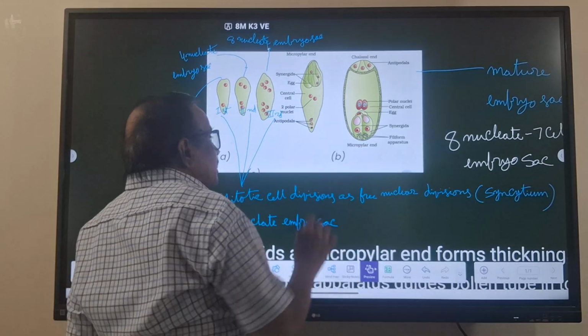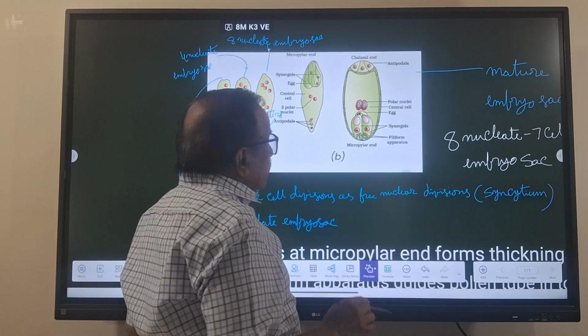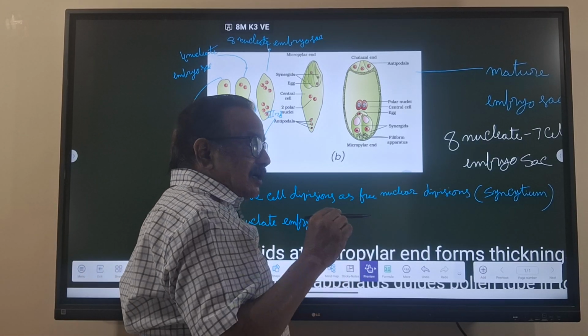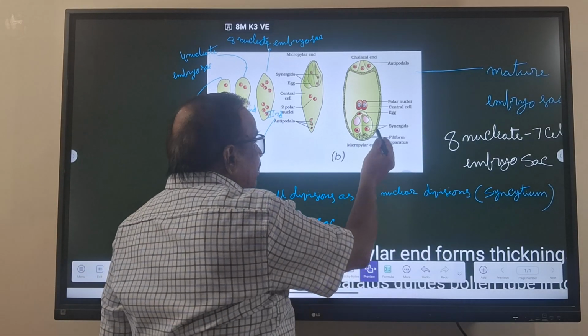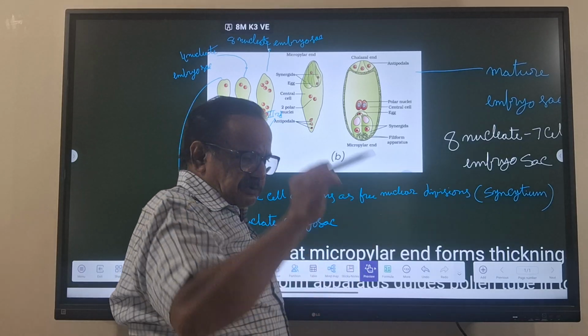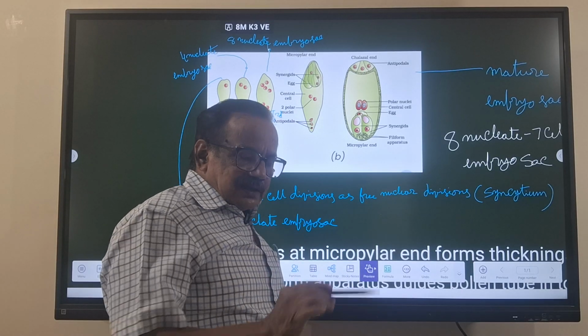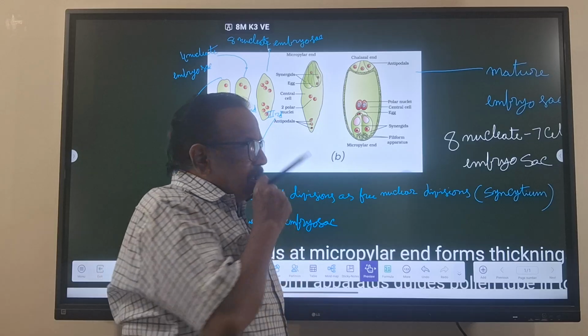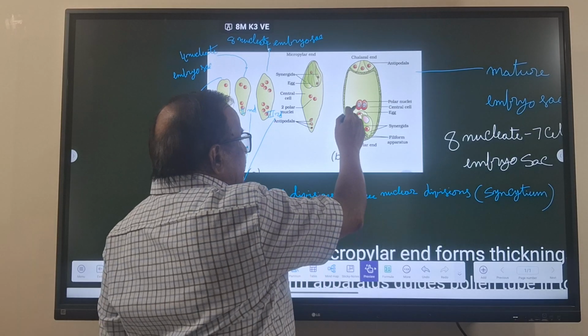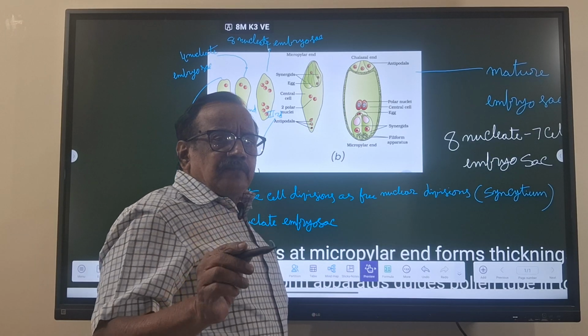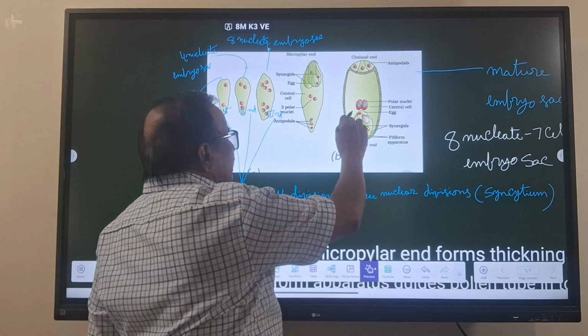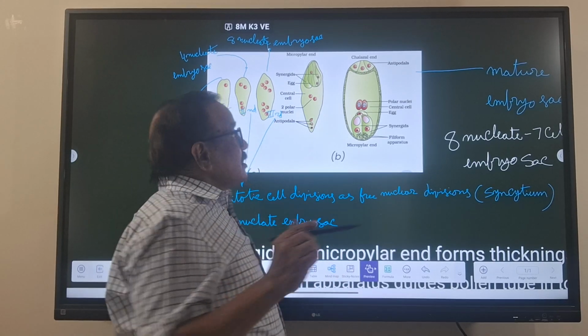He has mentioned one more point, that the polar nuclei are just above the egg apparatus. Most important point, because he has written it in the text. Why? Because it must receive a male gamete. For that, it will be very near to the egg apparatus, far from the antipodals.